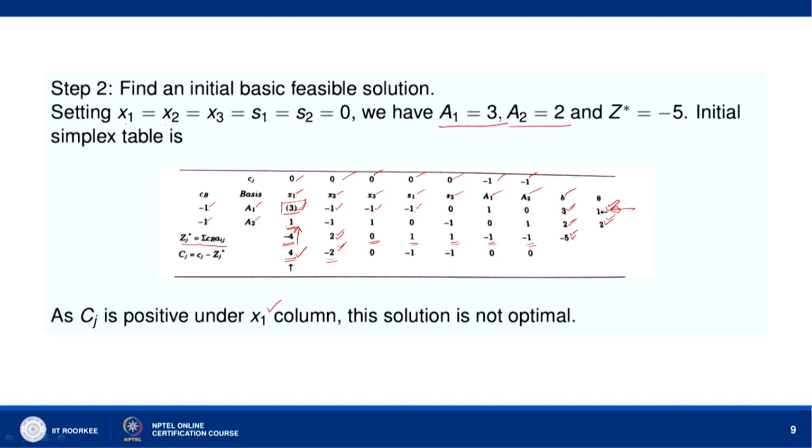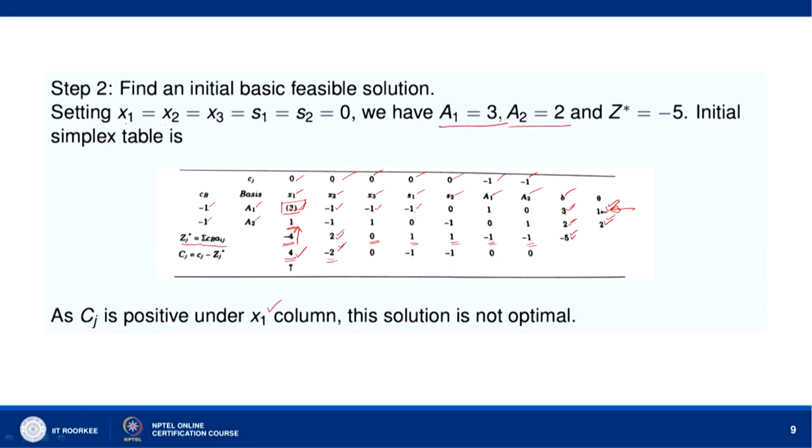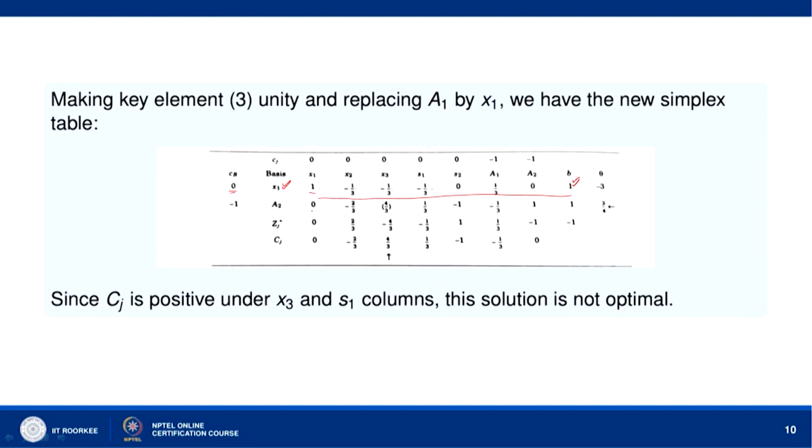So, we simply have to subtract this new row from the second row. So, we get 1 minus 1, 1 0 minus 1 0 1 and 2. From that we subtract this row and then we get 0, minus 2 by 3, 4 by 3, 1 by 3, minus 1 by 3, 1, 1.